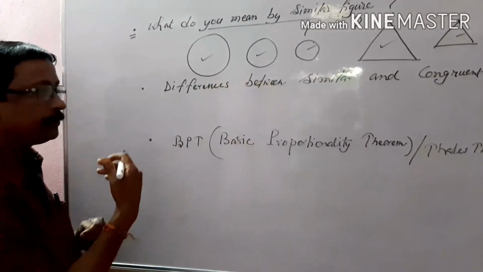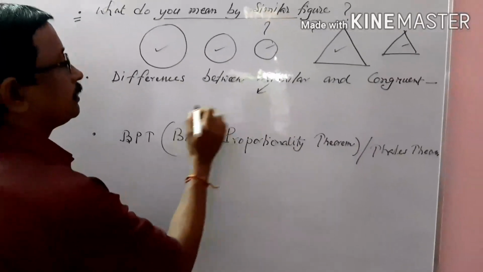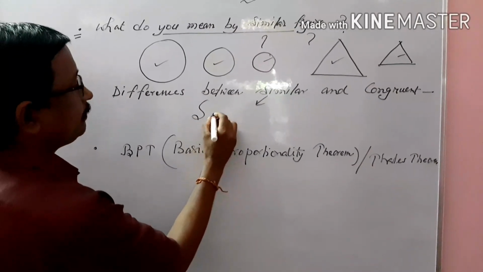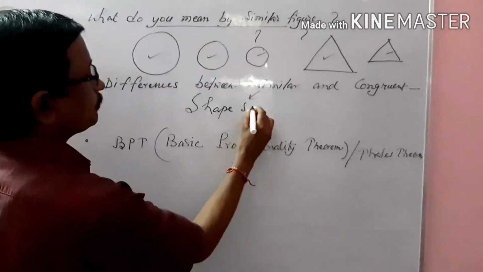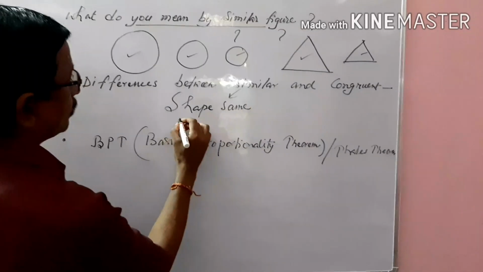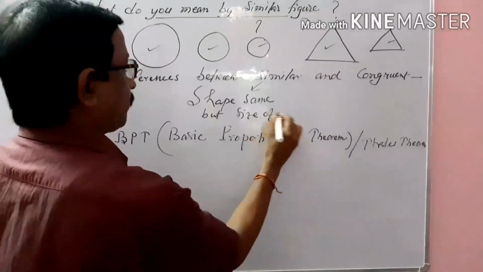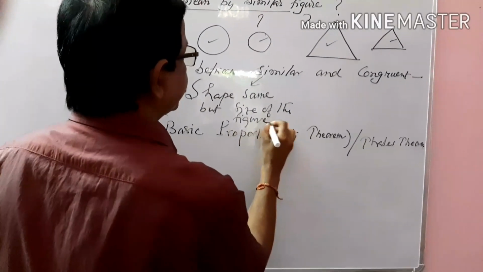So what do congruent and similar mean? Similar means that any figure has the same shape, but the size of the figure may not be the same.